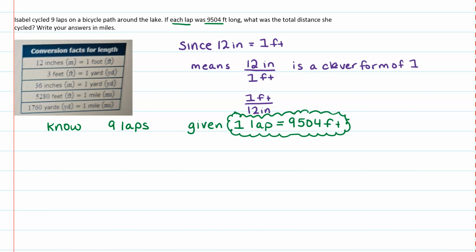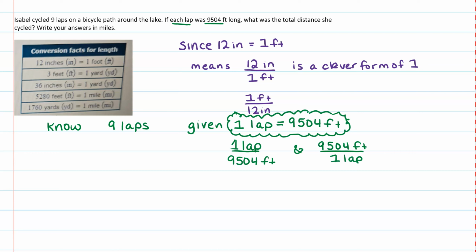So that means that 1 lap divided by 9,504 feet is a clever form of 1, and 9,504 feet divided by 1 lap is another clever form of 1.